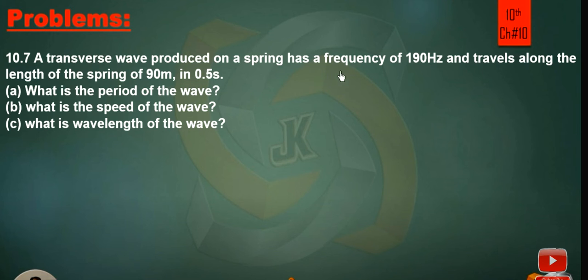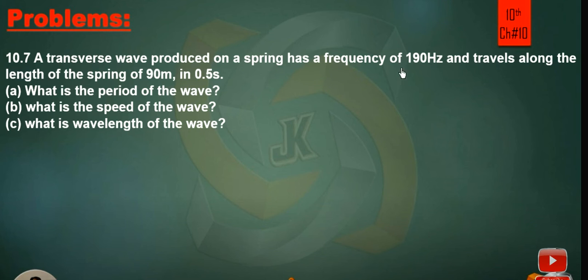So students, frequency is given and it travels along the length of the spring of 90 meter in 0.5 second. What is the speed of the wave, and what is the period of the wave, what is the wavelength of the wave? We have to determine these three.